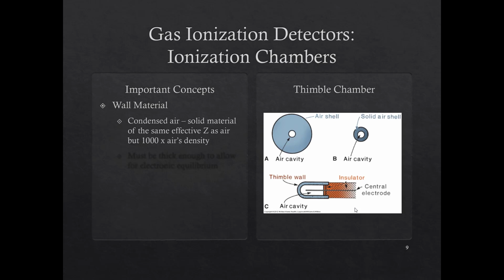So the wall material, for example, is going to be a condensed air, so it's still a solid material with an effective Z that's similar to air, but 1,000 times more dense, just so that you can actually create still a small volume chamber, and you can have a nice thin thimble wall. So the chamber wall itself must be thick enough to allow for electronic equilibrium.